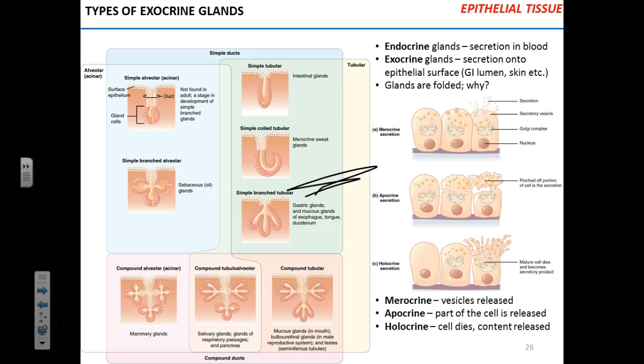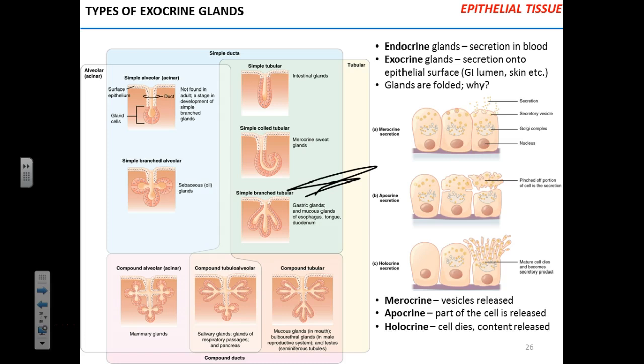Can you see the difference? Exocrine glands do not have to produce their secretion on the skin or on the eyes. It can be your digestive system, or the tubes of your reproductive system. It's still exocrine secretion. Does that make sense?